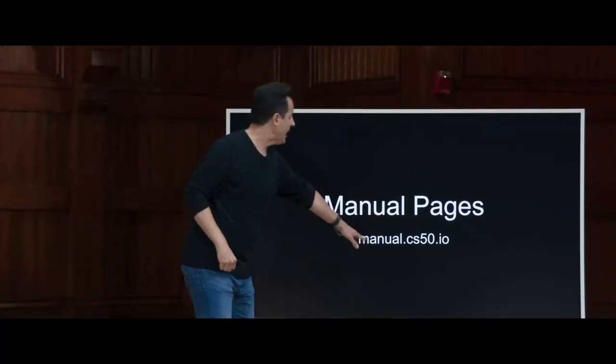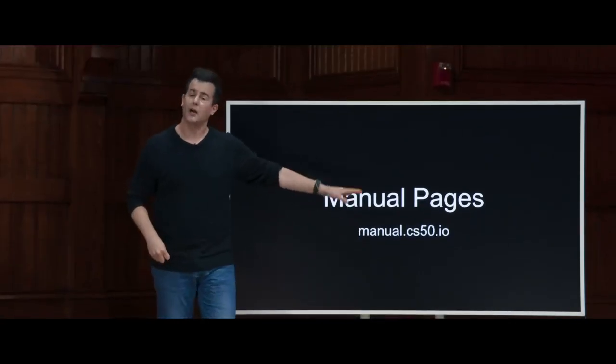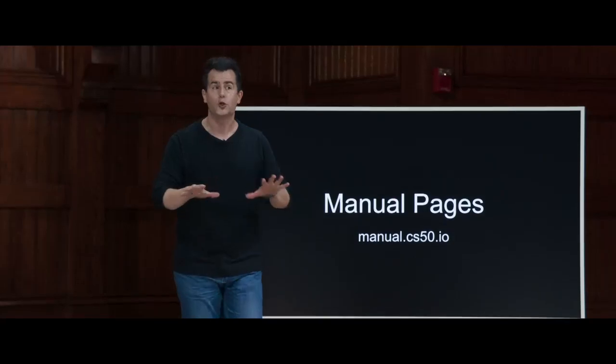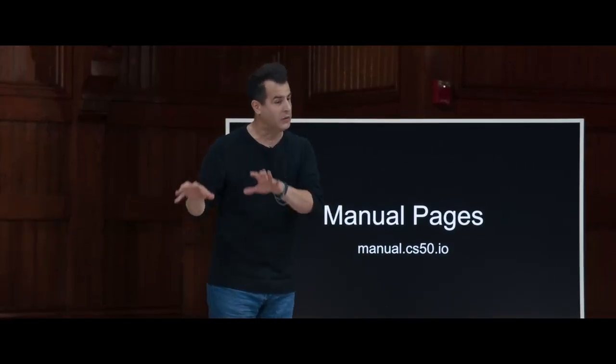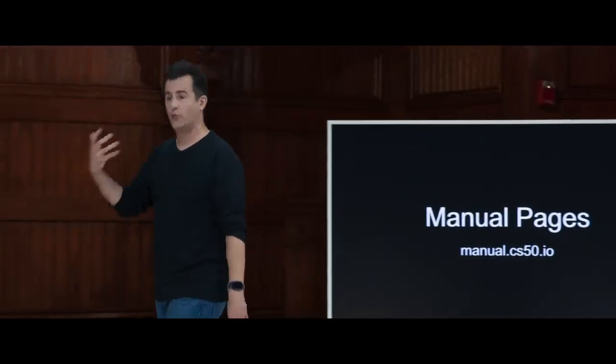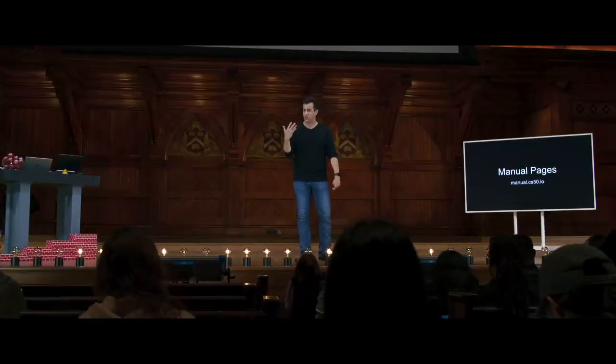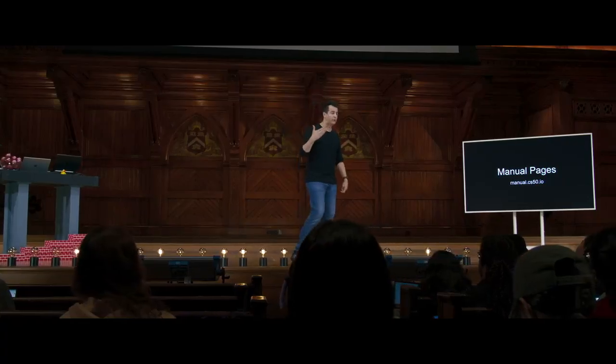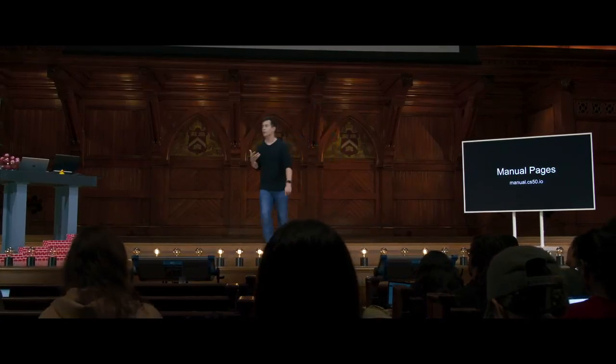They're written for and by folks who have been programming for years. And so frankly, they're a little hard to understand. And so CS50 has its own version thereof at this URL, manual.cs50.io, where you'll see not only the official documentation for C, the language, but also staff-written simplifications in layperson's terms of what all of the various popular functions are, what their inputs are, and what their outputs are.